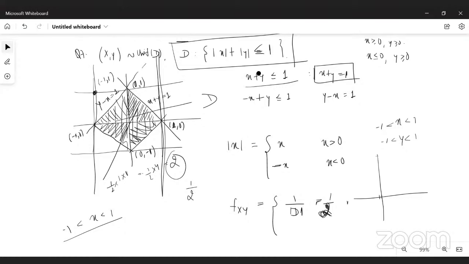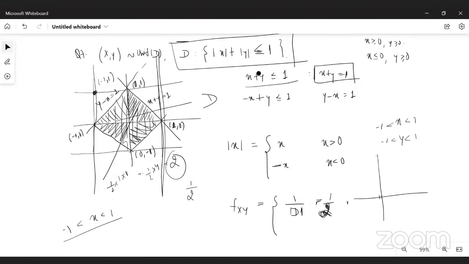Yes, right. So we cannot say that the entire area enclosed by -1 less than X less than 1 and -1 less than Y less than 1 can be uniformly distributed in 1/2, right? Yes.